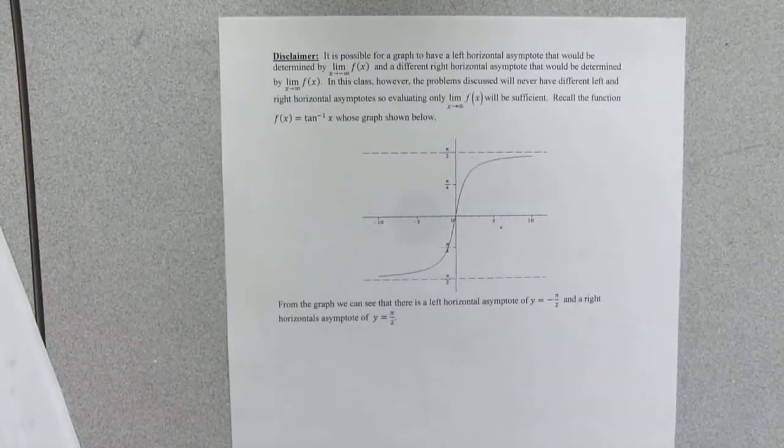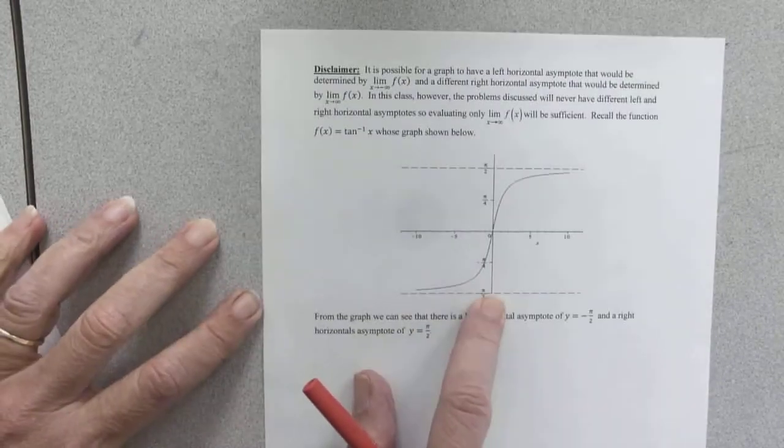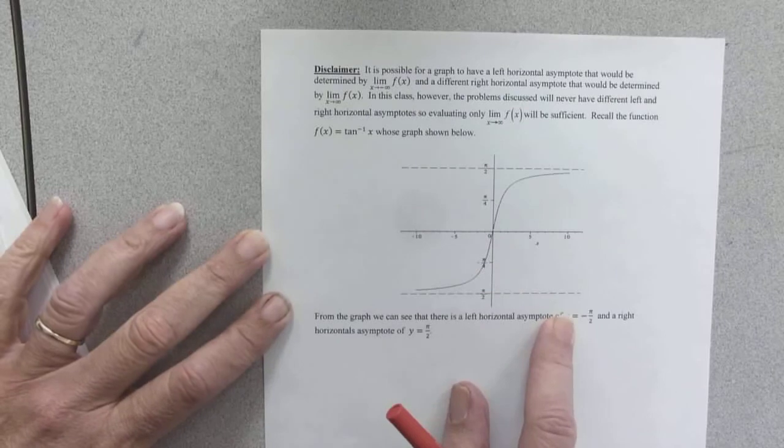In Calculus 1, in Mrs. Brazelton's class, you can get by, for horizontal asymptotes, just looking at the limit as x goes to infinity. In greater mathematics, maybe someone else's class, you might need to do both, as x goes to infinity and as x goes to negative infinity. We've seen tan inverse before. There's the graph of tan inverse.